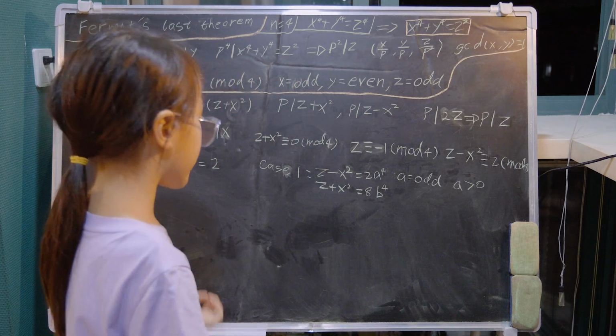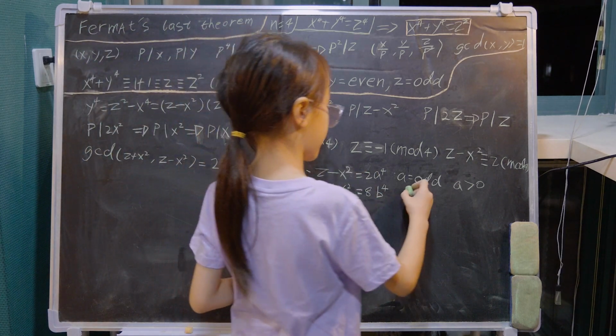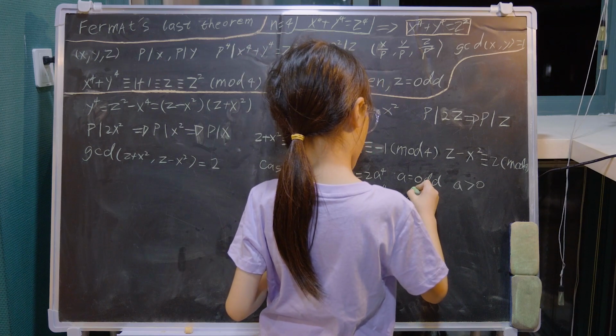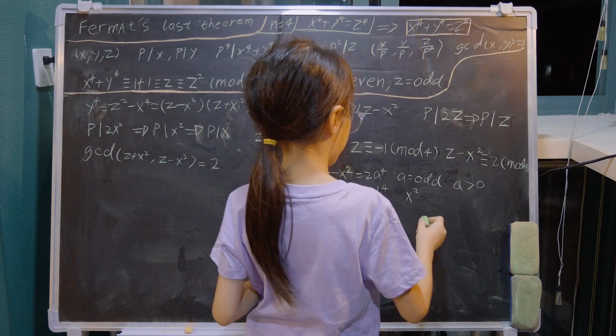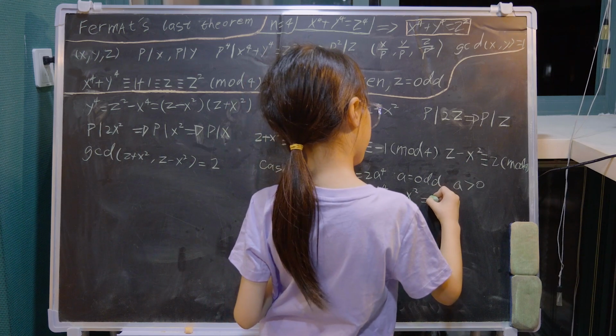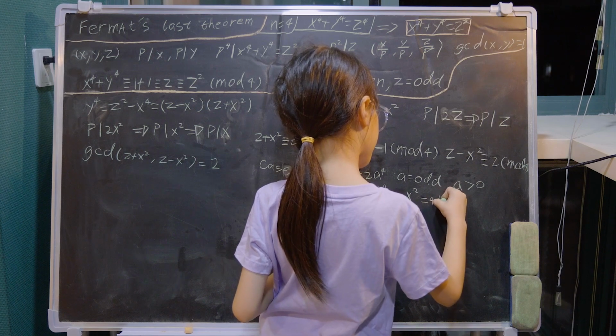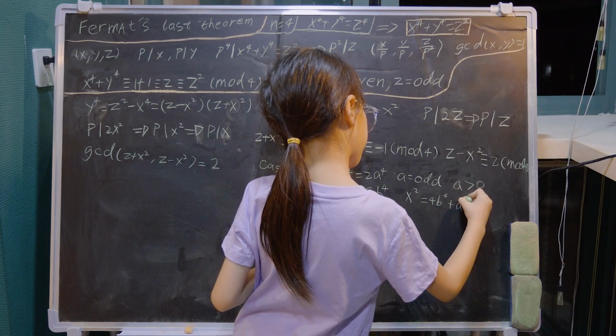So 2x squared is equal to this minus this, so we can cancel out the 2, which means x squared is equal to 4b to the 4 minus a to the 4.